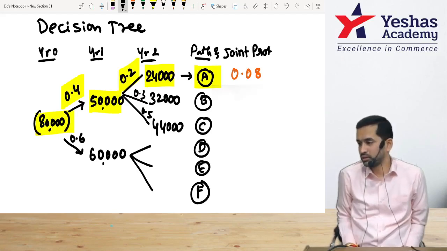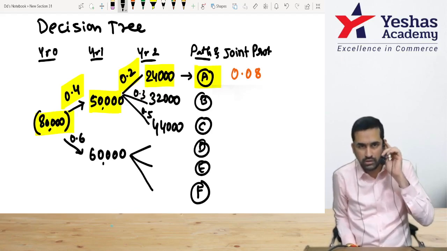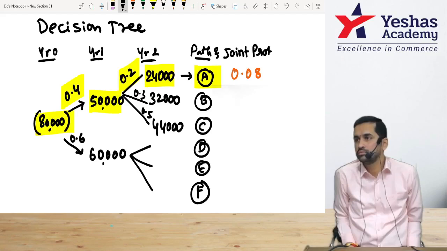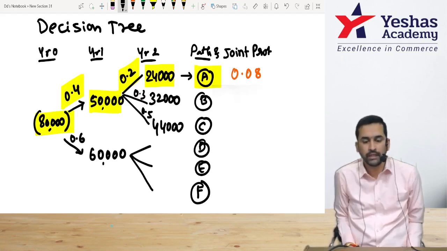If you earn 50,000, then there are 3 possible outcomes in year 2. That is 24,000, 32,000 and 44,000.